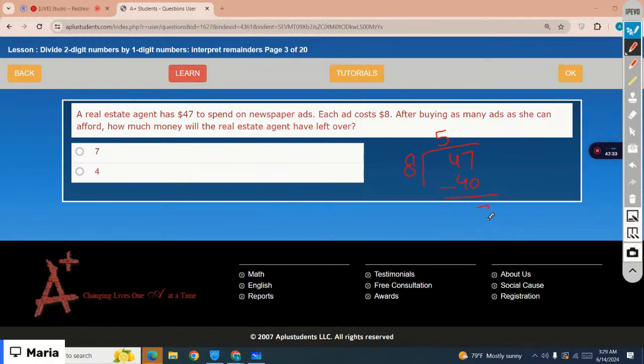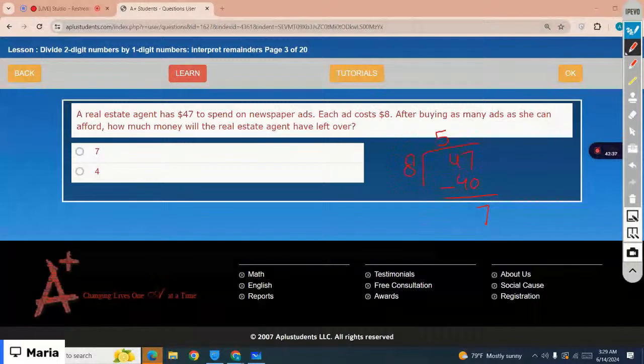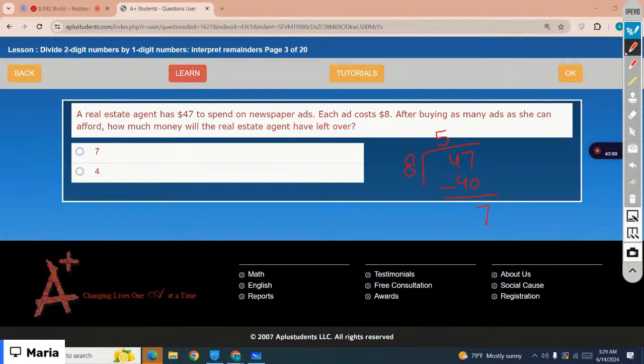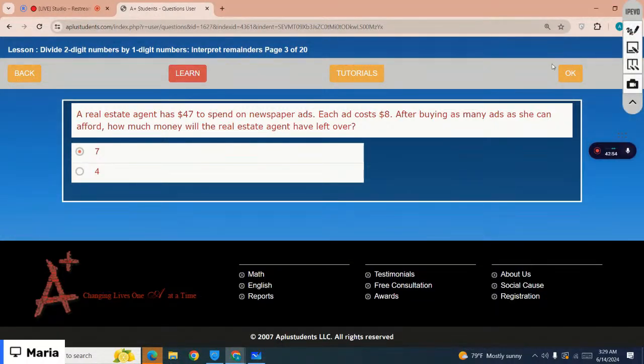So which is the correct option? The correct option is 7. Option number 1 is the correct option.